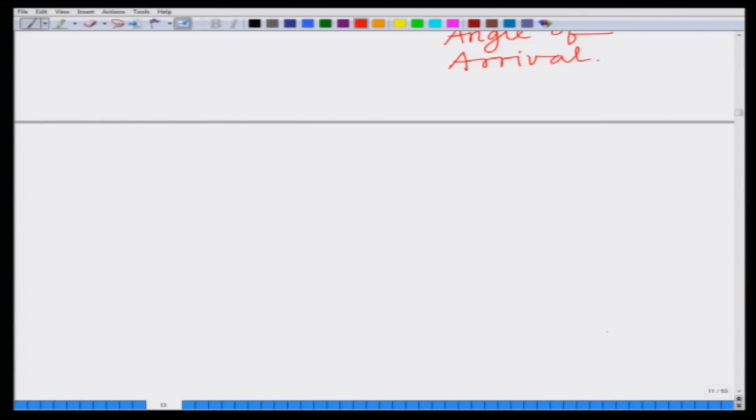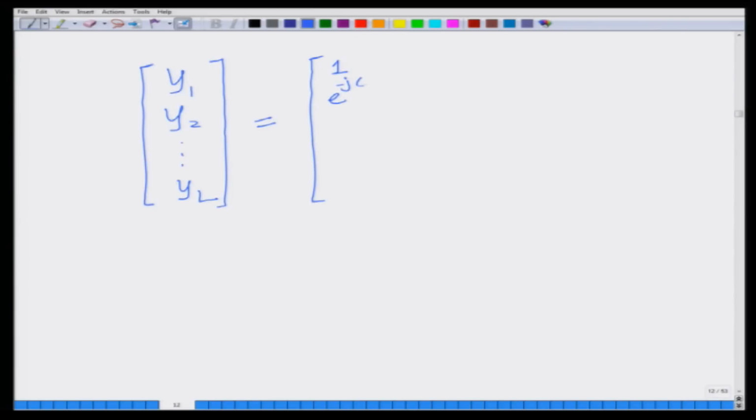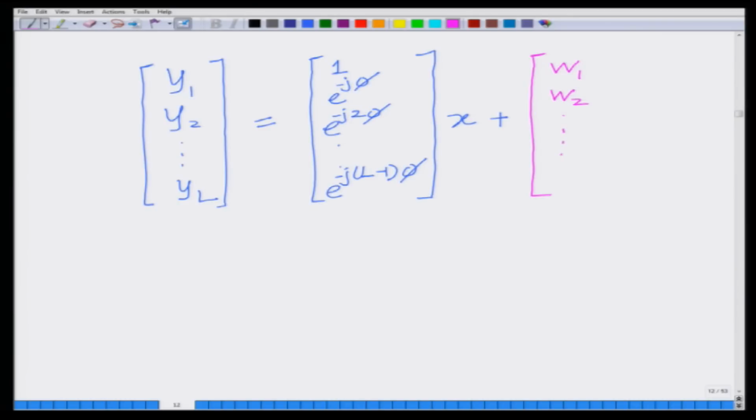Okay. Now, let us look at signal processing for this phased array. The vector system model for this phased array is given as the vector y1, y2, up to yl equals the vector 1, e to the power of minus j phi, e to the power of minus j 2 phi, and so on up to e to the power of minus j (l minus 1) phi, times x, plus the noise vector w1, w2, up to wl.